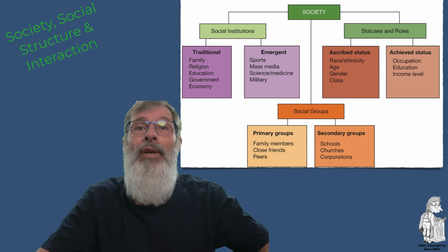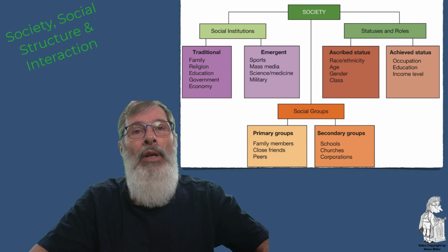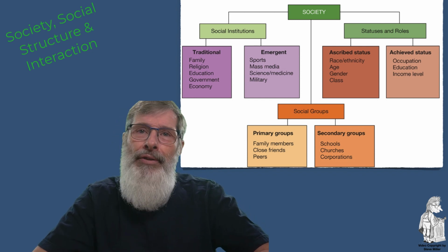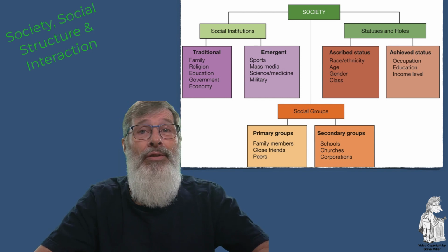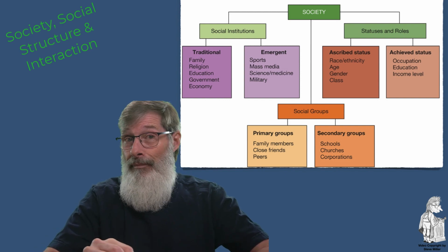Social structures, we're going to begin by looking at it at the macro level. At the macro level of all societies, certain basic activities routinely occur. Social institutions are the means by which these basic needs are met.